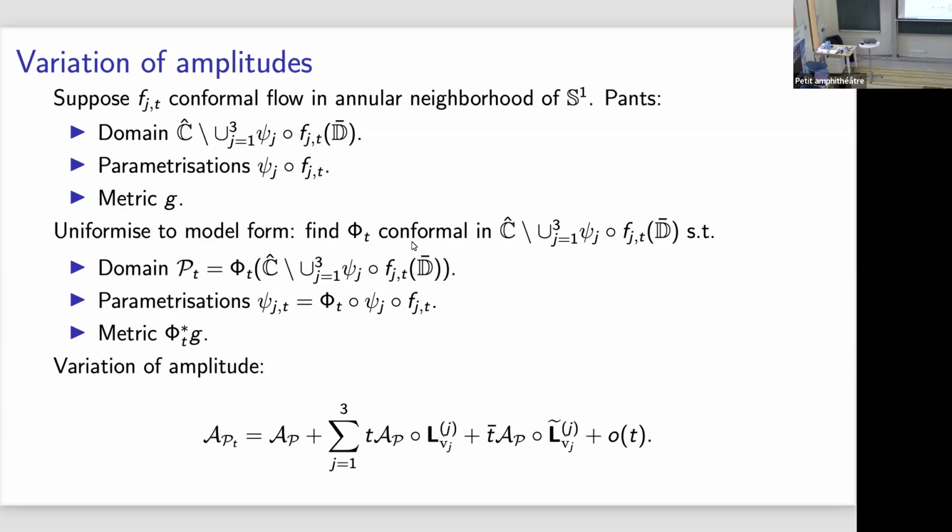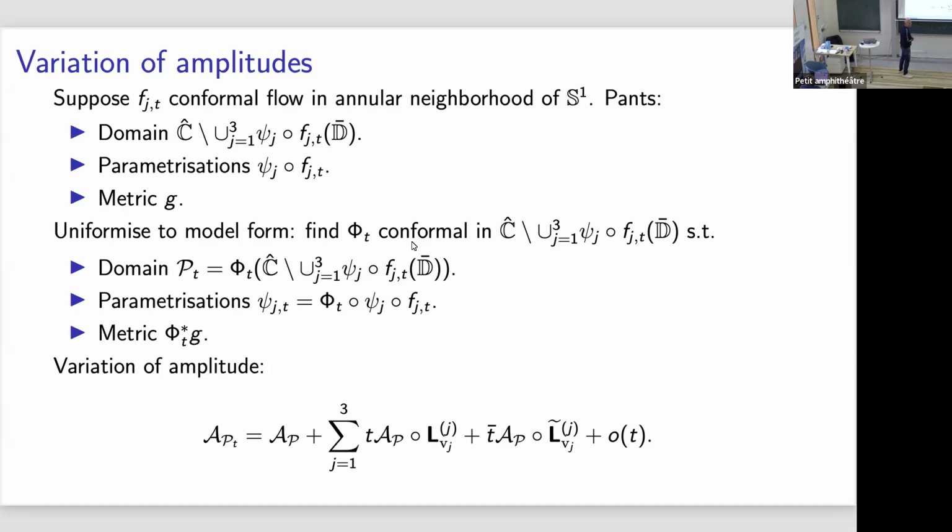It's a holomorphic function, but near the circle. The flow is generated by a vector field, and the field is not necessarily pointing inward. How do you apply psi j if you go out of the disk? Because psi j is analytic in a neighborhood of the boundary. So you have some room to play with the F_j.